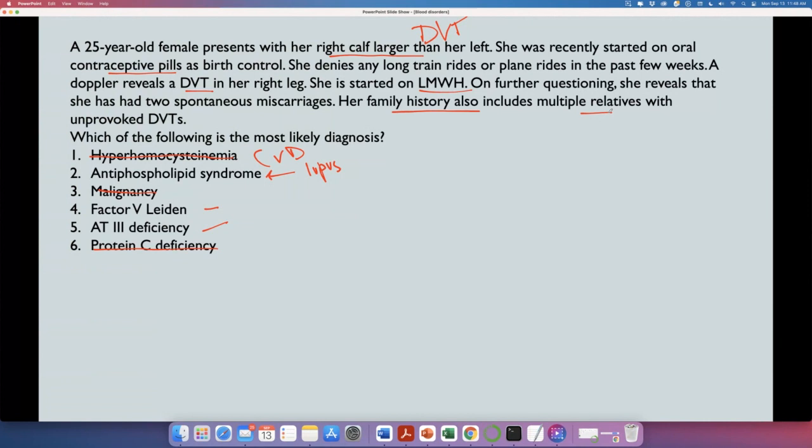Oh, this is something that is inherited. Well, inherited could be protein C or S deficiency, but these two are very rare. I have the two most common, AT3 deficiency and factor V Leiden. Since I don't have any clue to distinguish between them, I will go with the most frequent, that is factor V Leiden mutation. Okay, that's how we answer questions.